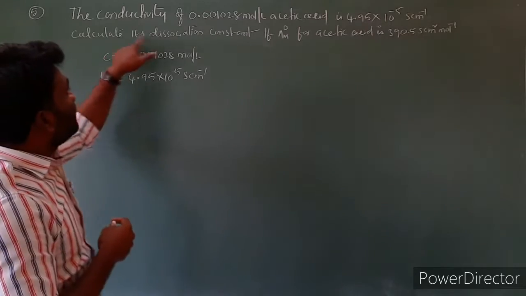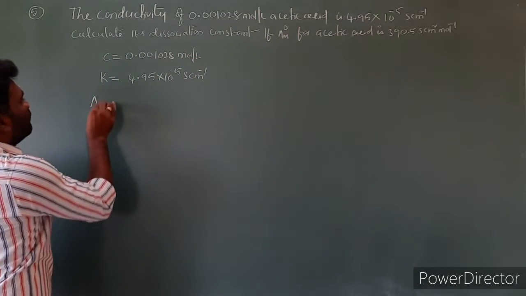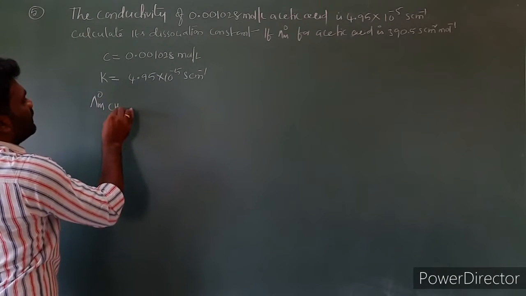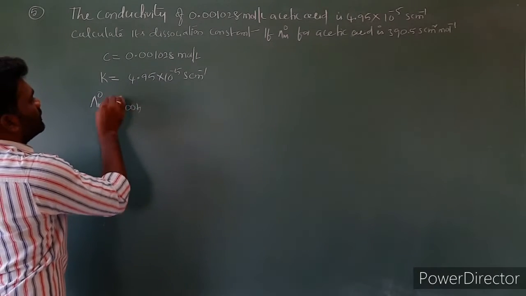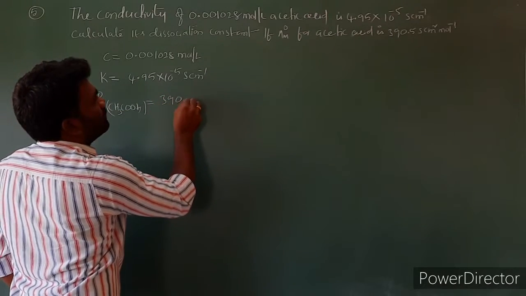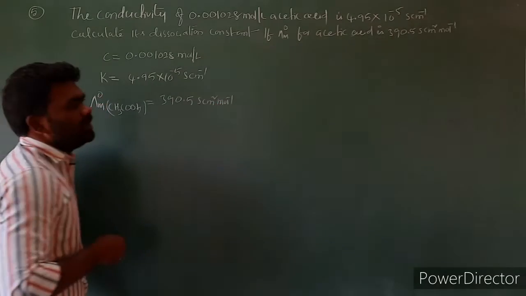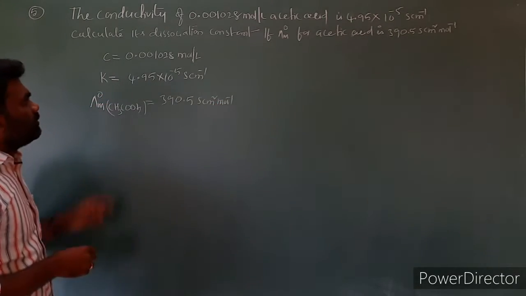Next, calculate the dissociation constant if lambda m naught of acetic acid, CH3COOH, is given: 390.5 Siemens centimeter square mole inverse. Then what do we have to calculate here?